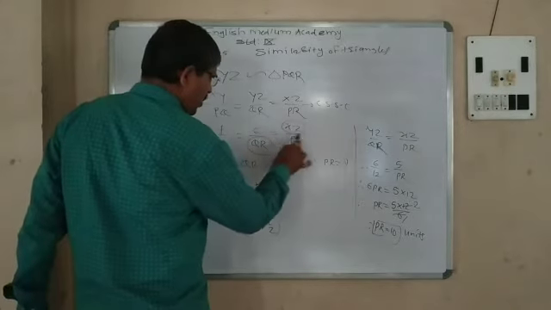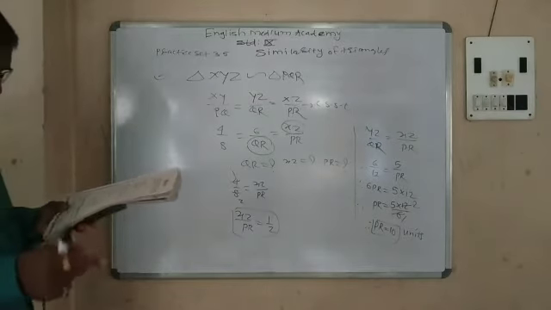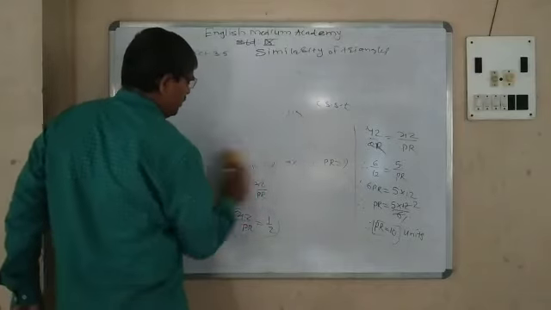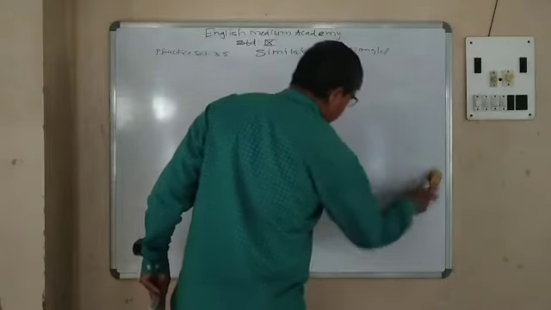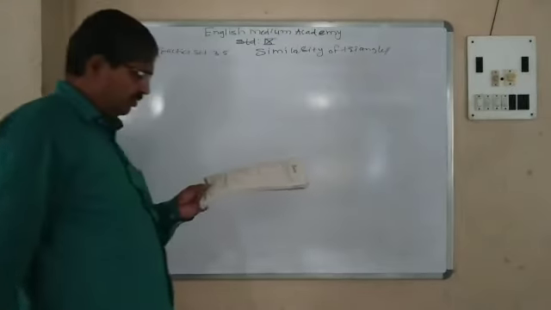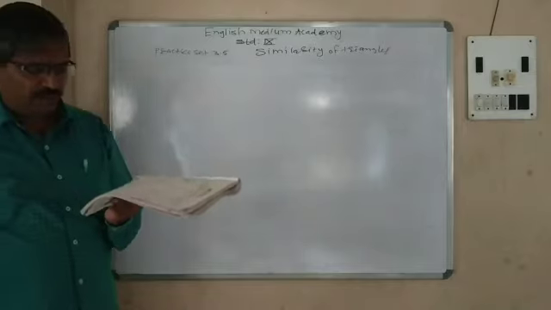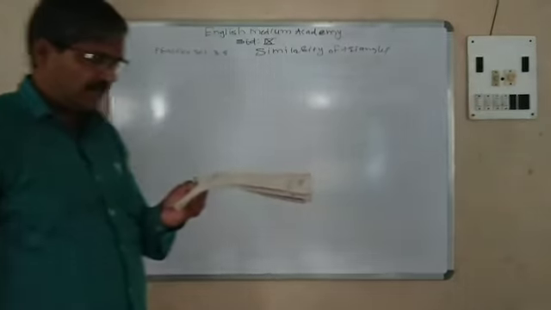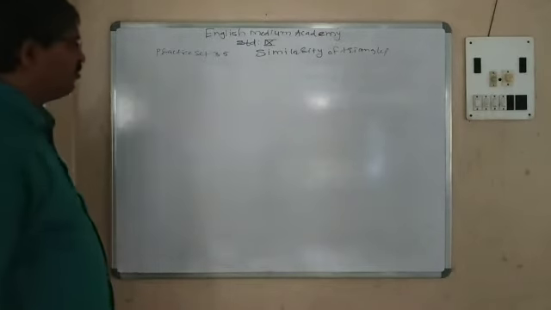You were in need of QR and XZ, which we have calculated. Now we have to enter into question number 3. What is question number 3? Please read. In question number 3, it is asked to draw a sketch of a pair of similar triangles, label them, show their corresponding angles by the same sign, and show the lengths of corresponding sides.